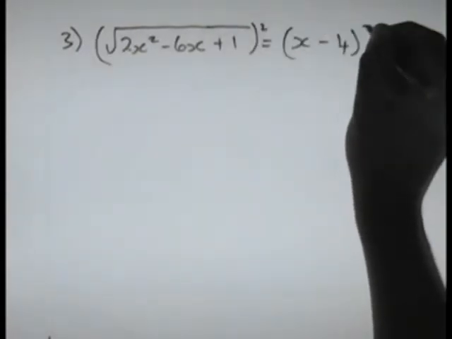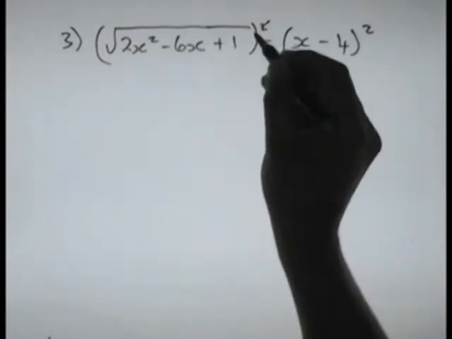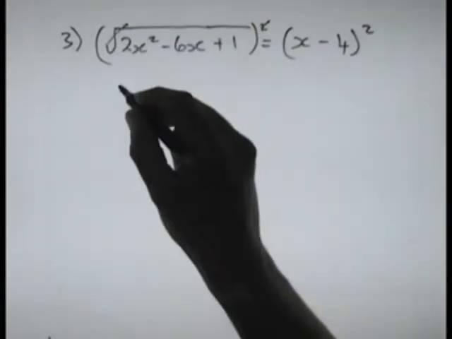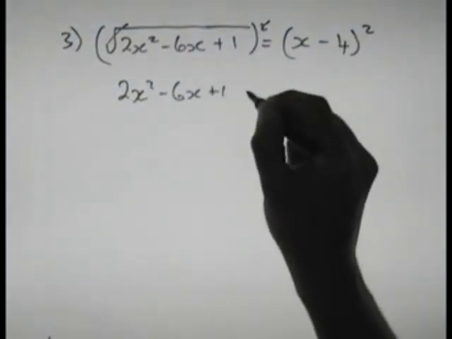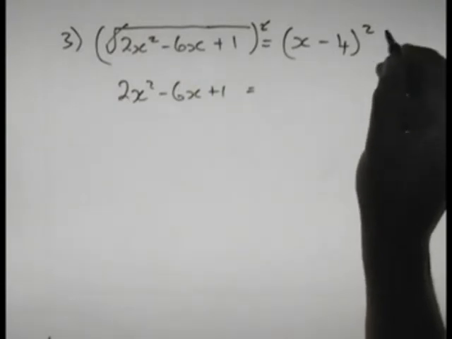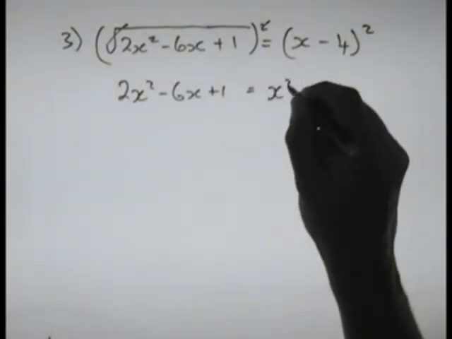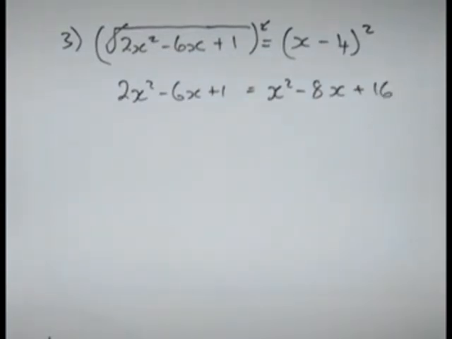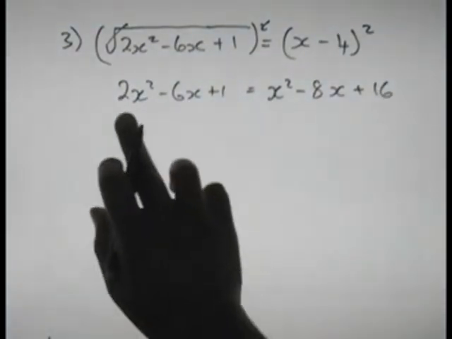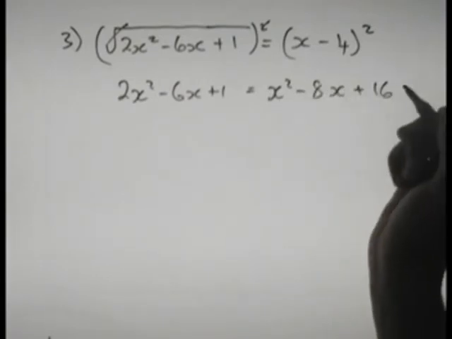To get rid of the square root, I square that side. What I do to one side, I do to the other. That will cancel with that. That means that 2x squared minus 6x plus 1 is going to equal (x minus 4) squared, which is x squared minus 8x plus 16. Quadratic equation, x to the power 2.